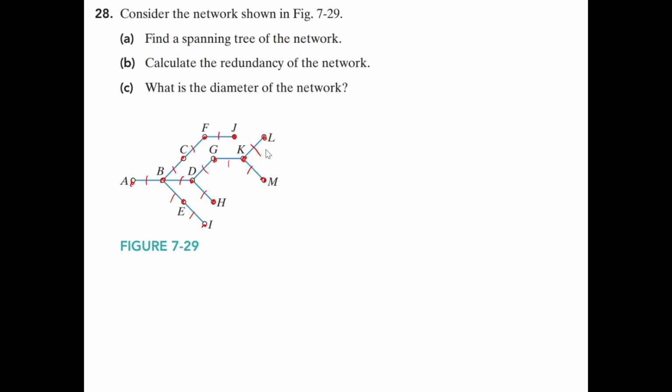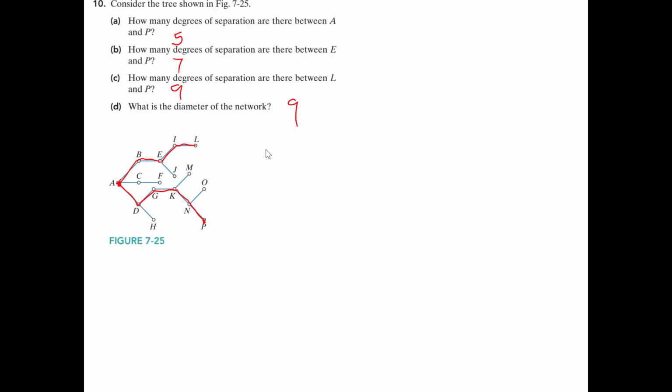So this is a tree. So find a spanning tree. The graph itself is a tree, so it is the spanning tree. Calculate the redundancy. Since it's a tree, the redundancy is 0. There aren't any extra edges. What is the diameter of the network? We've already calculated that. That was 9. It's the same problem that we had here.